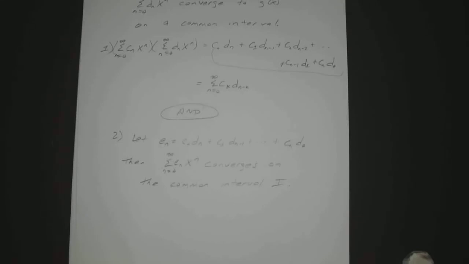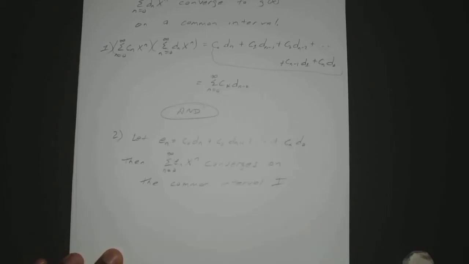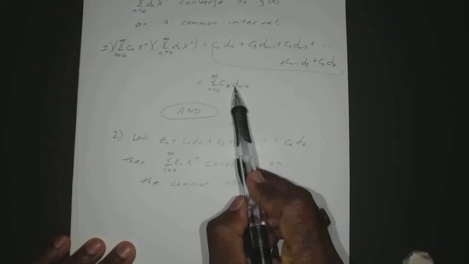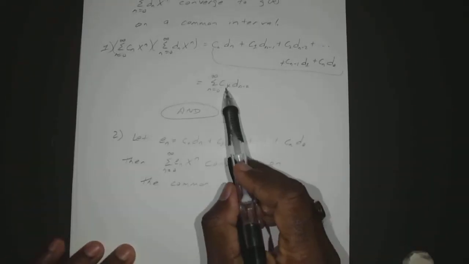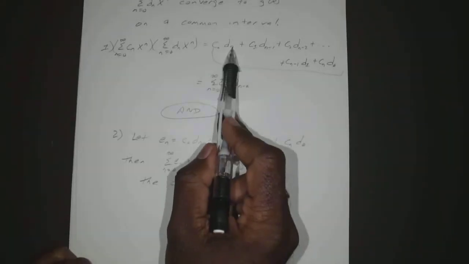What does it say it equals for the first part? C sub k, d sub n minus k. What does k represent? Actually, k is equal to n, but n is just going in reverse.